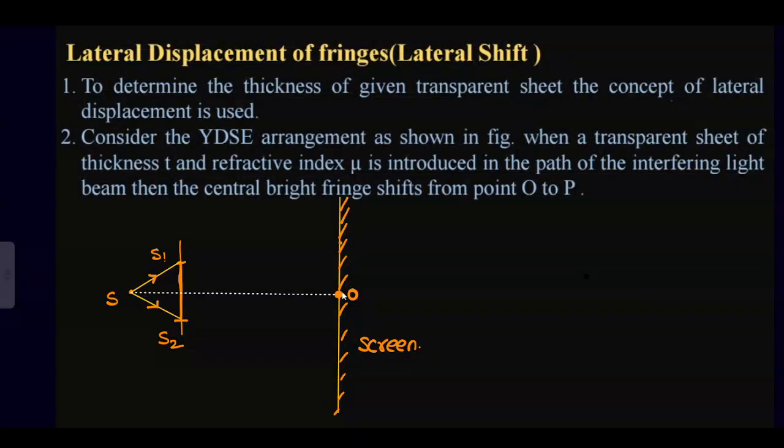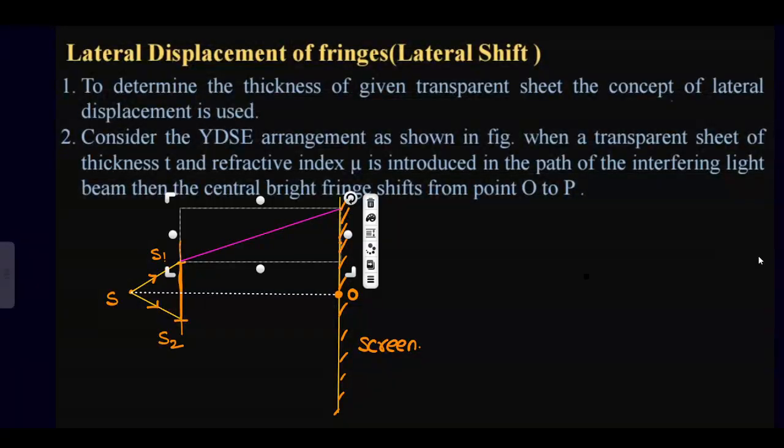When there is no slab, the central maxima is formed here, but by placing some glass slab, the maxima will shift to some other location, like this, let us say here. So this central maxima shifted to this location.